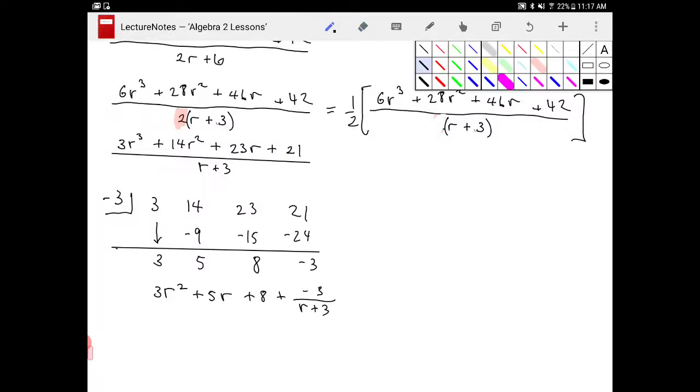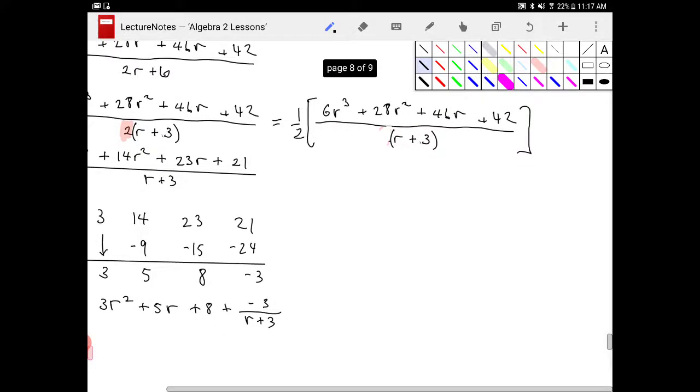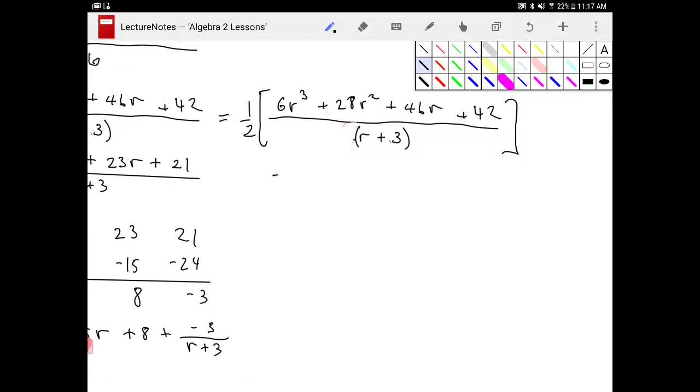And instead, I could have divided r plus 3 directly into that expression, and we'll end up in the same place. I'm just going to quickly go through showing you that it ends up being the same thing, right? And I promise you we'll end up in the same place.